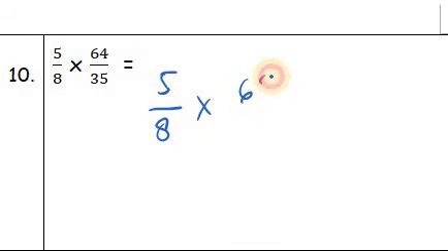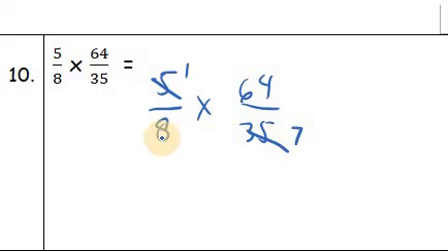Okay, now the next one. We have 5 out of 8 times 64 out of 35. Same thing, better we rewrite again. 5 out of 8 times 64 out of 35. Between 5 and 35, the greatest common factor is 5. So 5 divided by 5 is 1, and 35 divided by 5 is 7.